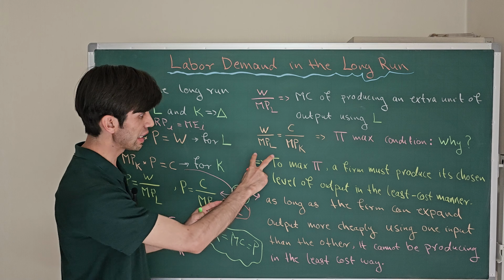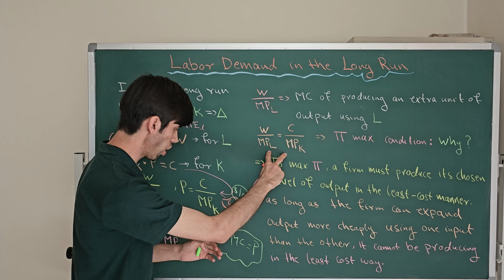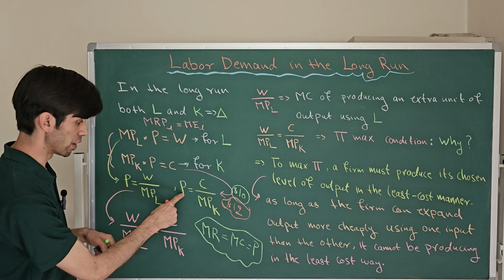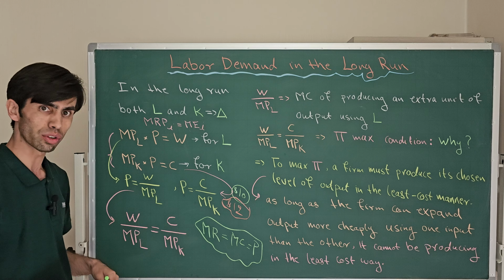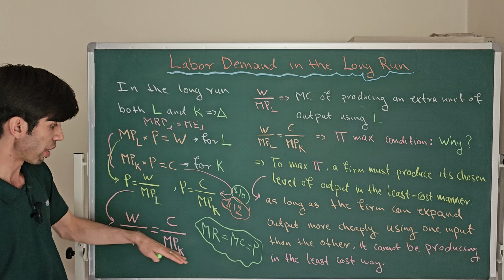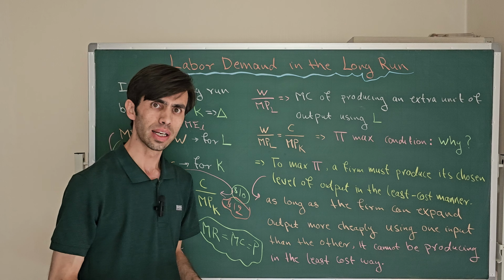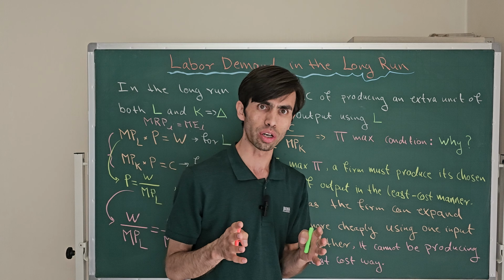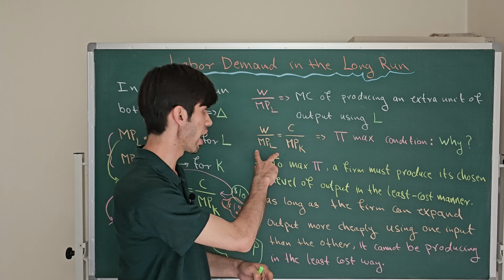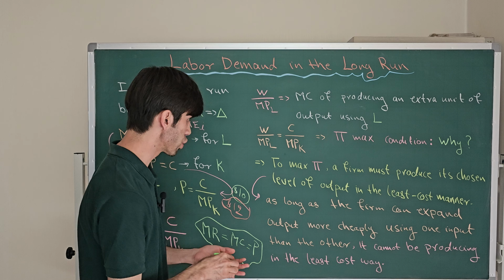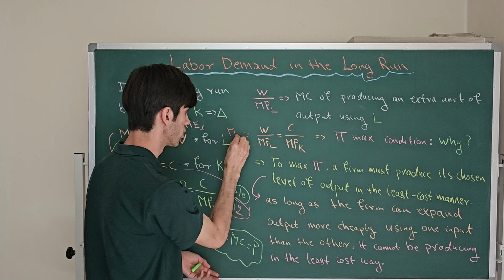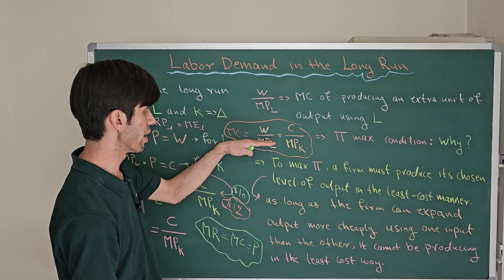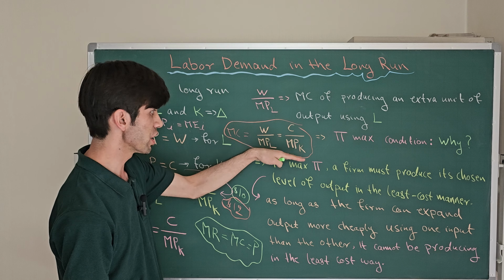And also, when this equality does not hold, it means there is a problem with it. Either the price is not equal to this one or the price is not equal to this one. So again, the profit maximization condition will not hold. Overall, as a conclusion, when you want to maximize your profit in the long run, you should satisfy this condition, because these two are the marginal costs, either W over MPL or C over MPK.